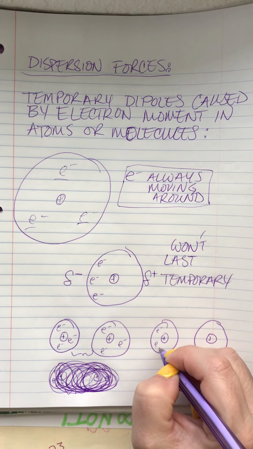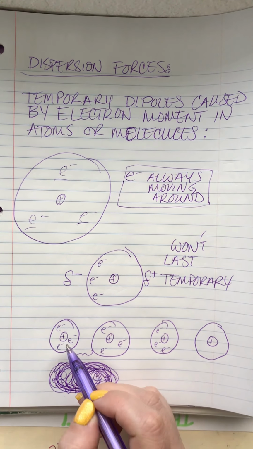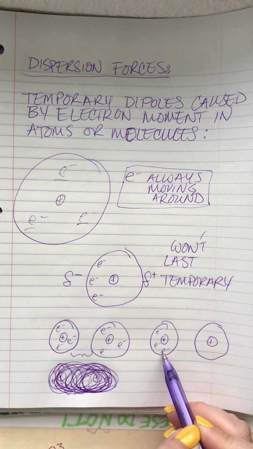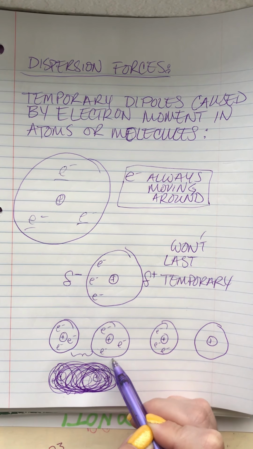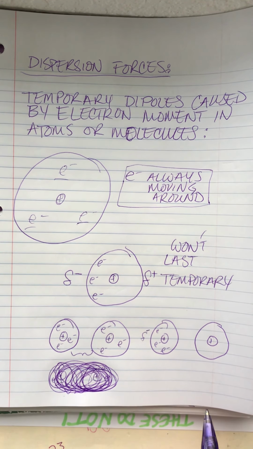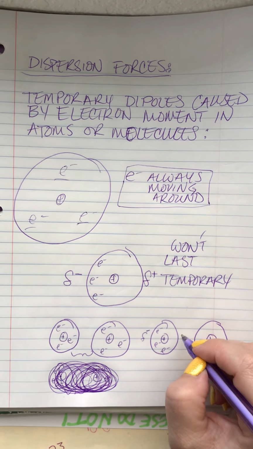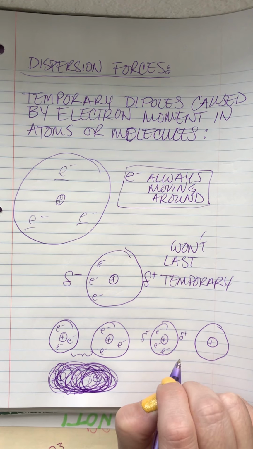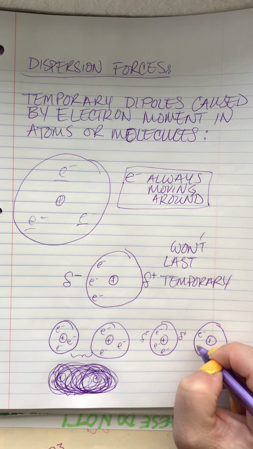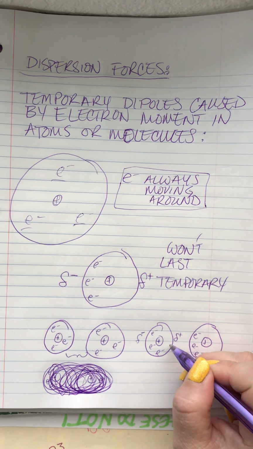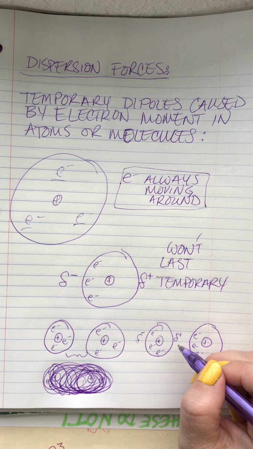When these guys run away from the electrons over here, this makes a partial negative charge on this side, which makes a partial positive charge on this side, which is going to make the electrons on this guy line up over here to be attracted to that partial positive.